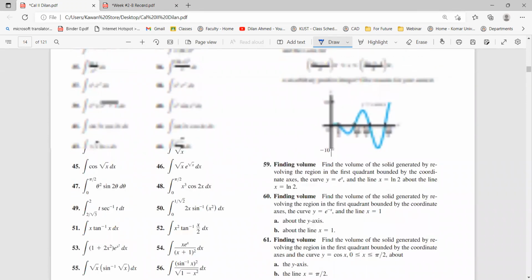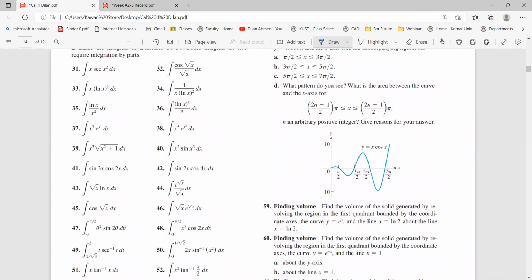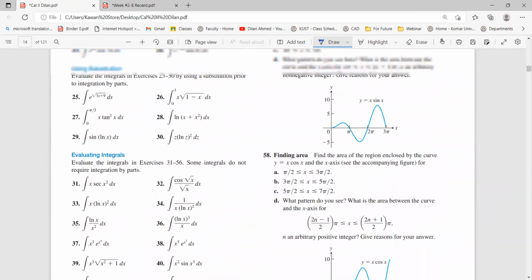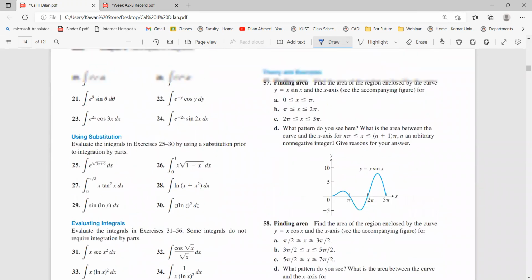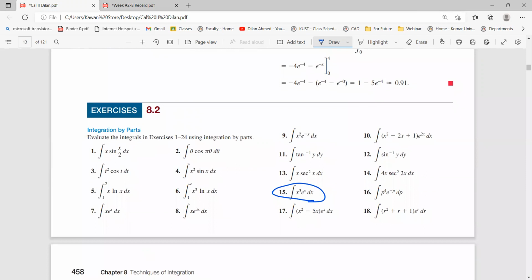It's actually here, not here. No, we don't have it. Yes, here we are. It's 2, 3 the same.